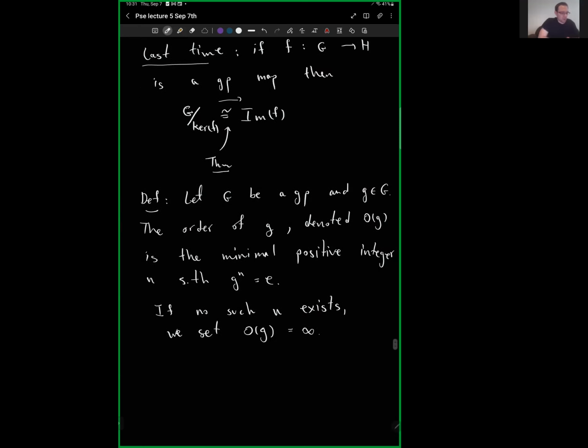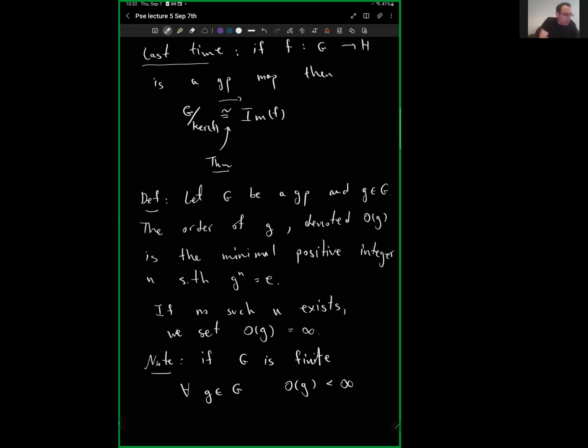Now, if G is finite, then the order of any element in G has to be finite, because you take the powers of g.